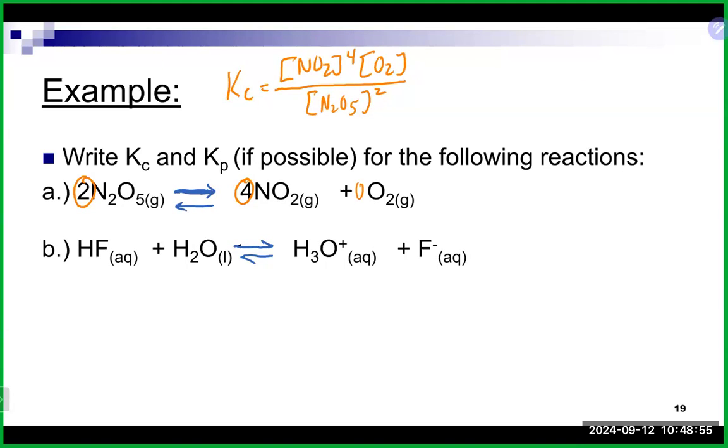Can I do a Kp for this one? I can. They're gases, so we can write a Kp expression. It will look pretty much identical to the Kc, except instead of concentrations, it's going to be partial pressures of NO2, also still to the fourth. Partial pressure of O2 divided by the partial pressure squared here of N2O5 in this case.